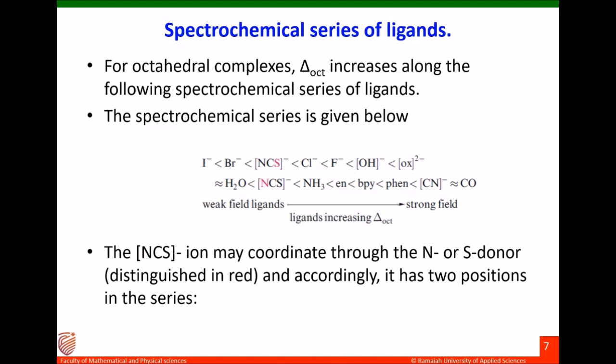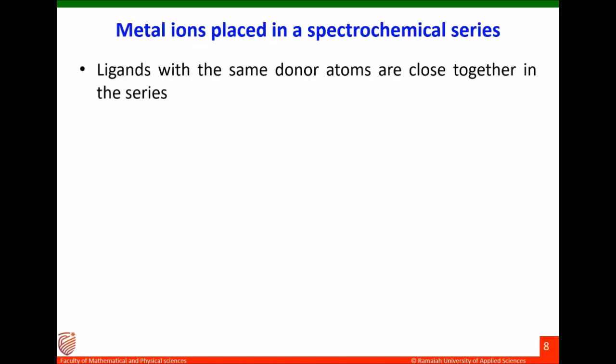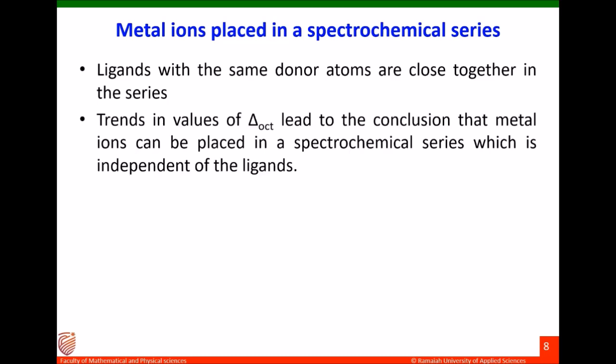Trends in the value of delta octahedral lead to the conclusion that metal ions can be placed in a spectrochemical series which is independent of the ligand. Now, forget about the ligand and consider only the metal ion.